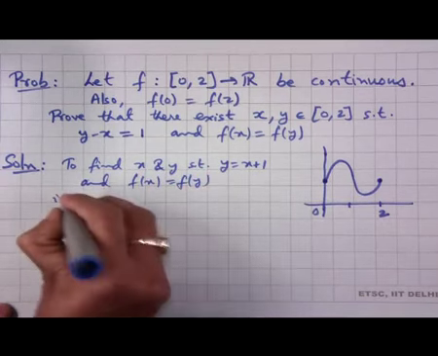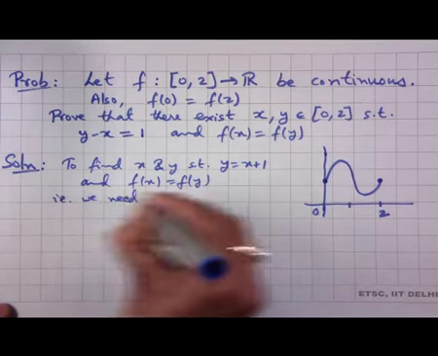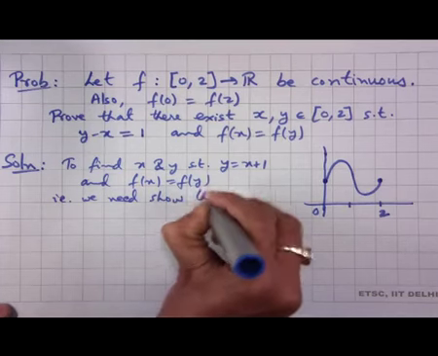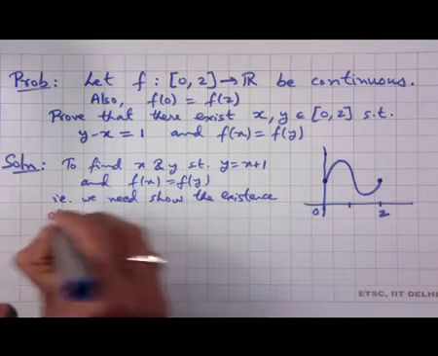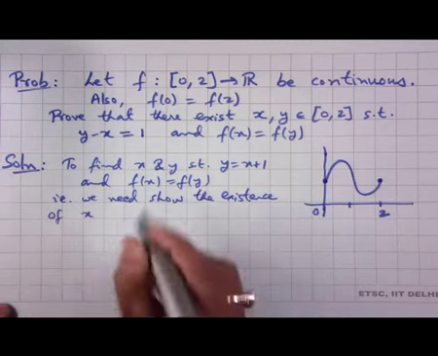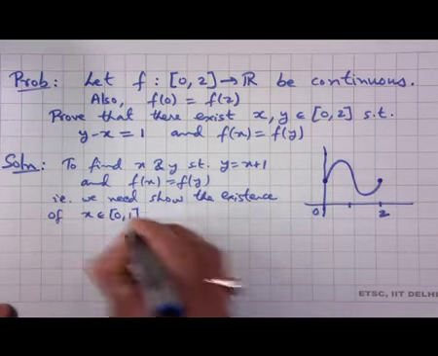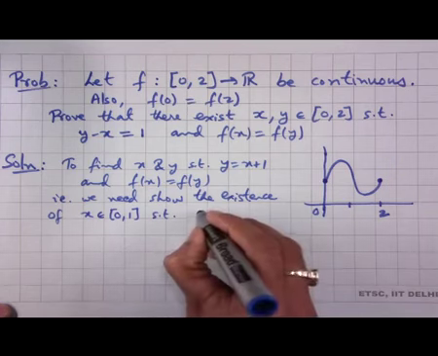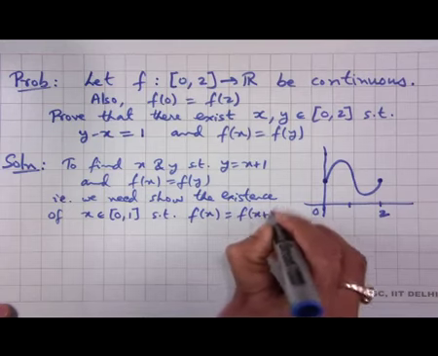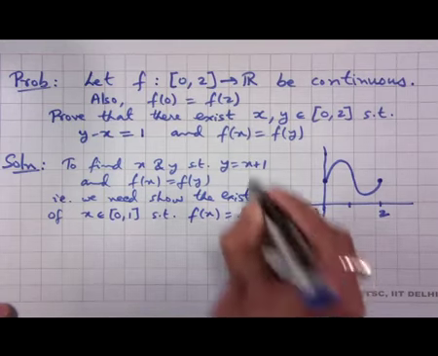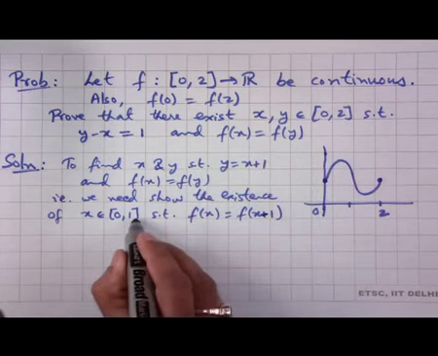That is, we need to show the existence of x in the interval 0 1 such that f of x is equal to f of x plus 1, because y is x plus 1 and we want this to lie in the interval 0 to 2. So, therefore, x must lie in the interval 0 to 1.